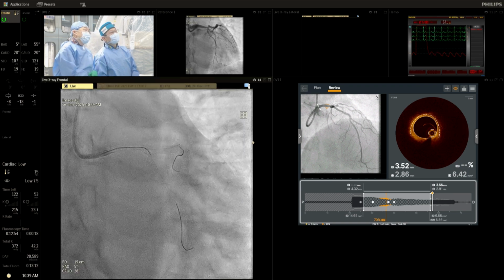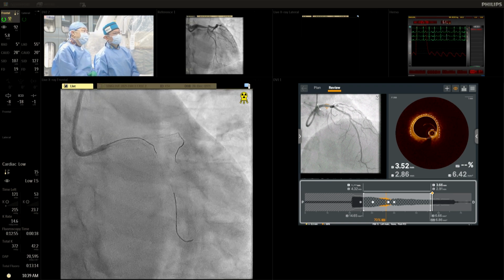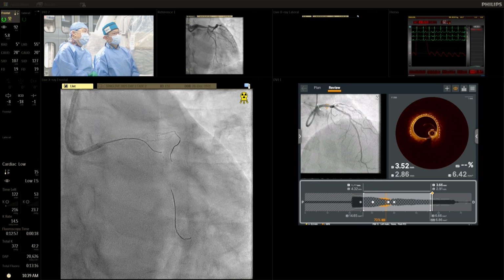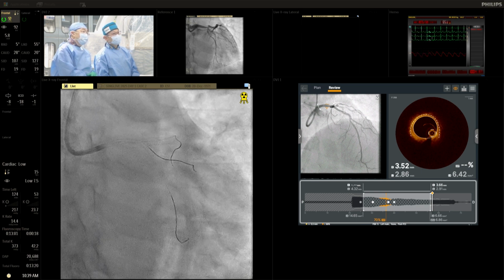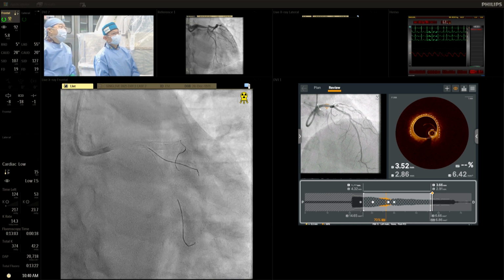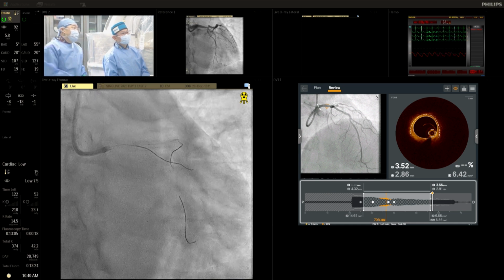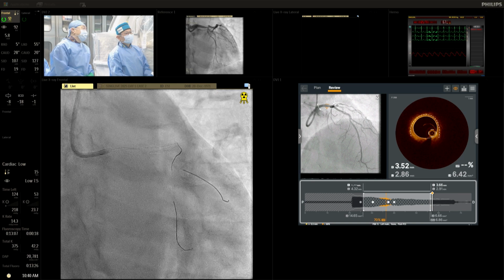I think it's okay. There's no lesion there, Sydney. So I don't think DCB will be helpful in this case.